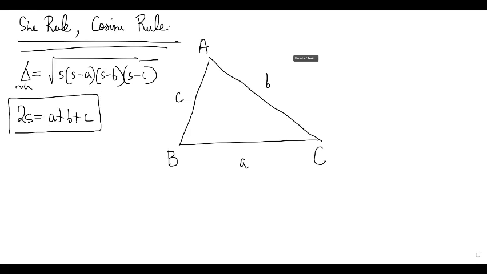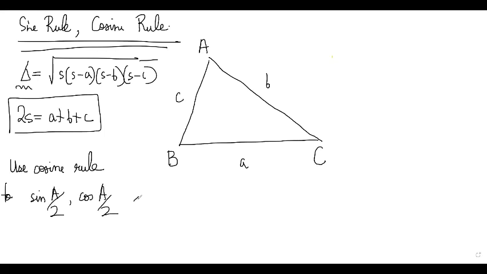Once you know these two formulas, we will get some basic results in trigonometry that are useful for us in the future. So I want to use the cosine rule to find out sine of A by 2, cos of A by 2, etc.